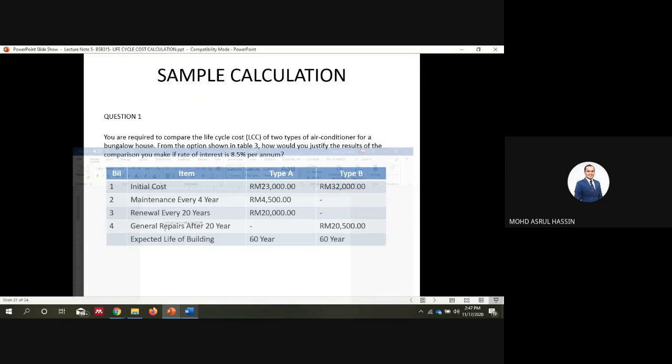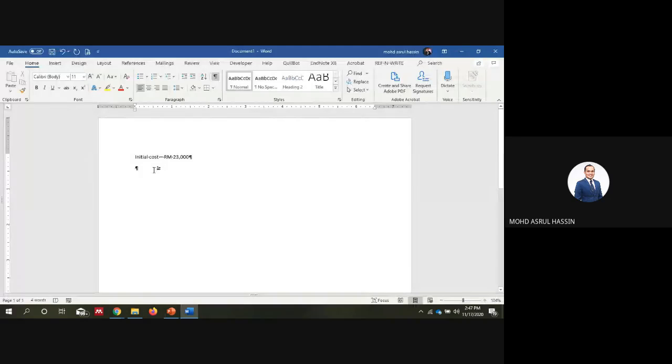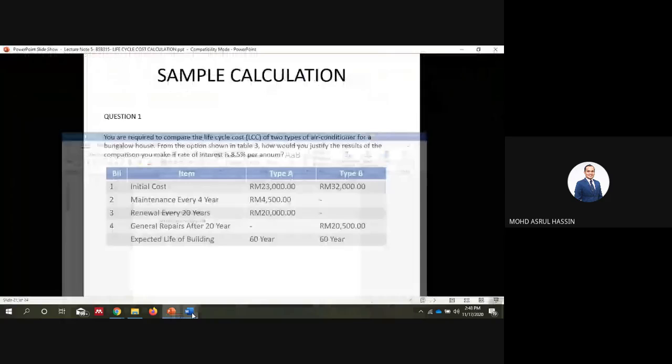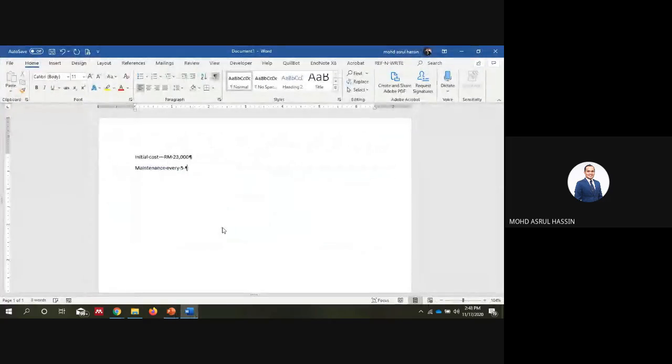Then the maintenance every 5 years. Okay, maintenance every 5 years. Sorry, every 4 years. 4 years.